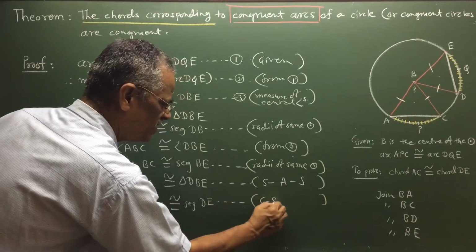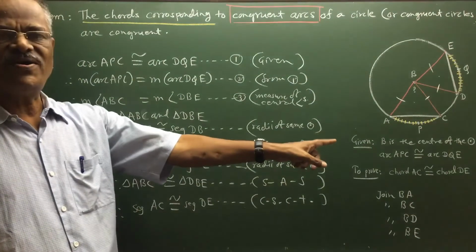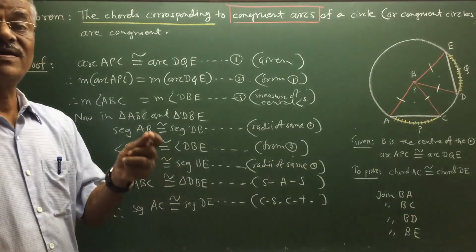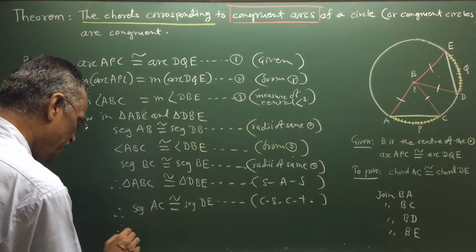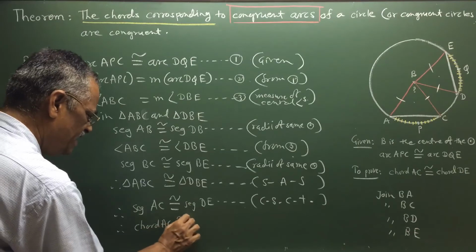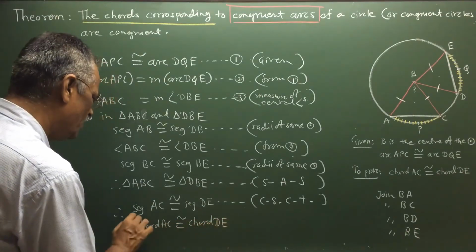Reason: corresponding sides of congruent triangles. But AC is a chord and DE is a chord, so they are congruent. That is proved. You can change the last step: chord AC and chord DE are congruent.